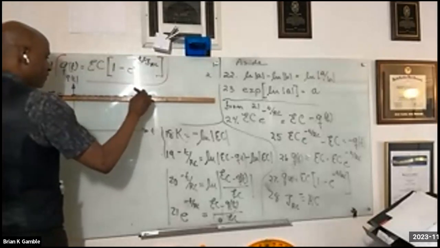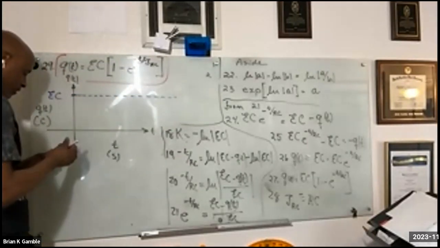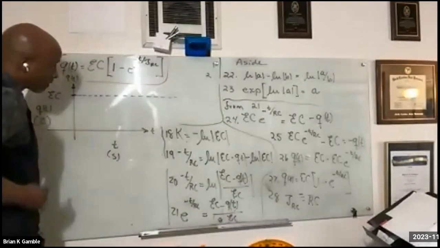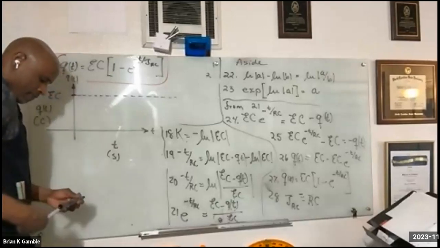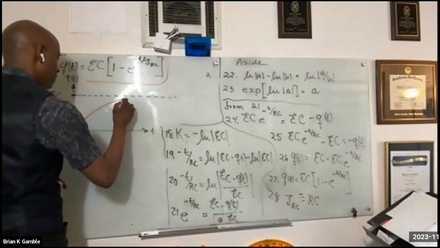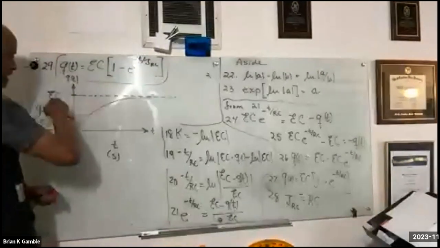And if you were to plug this function into your calculator, you're going to get a curve that's doing the following. The curve is going to be doing this. And again, it won't get the maximum until infinity.